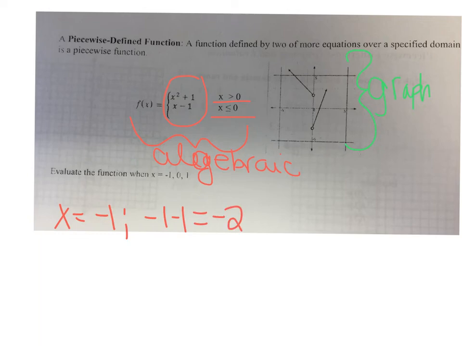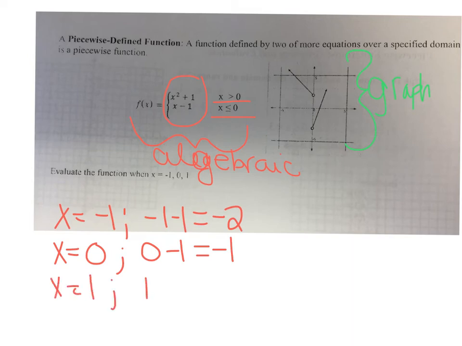If I do x equals 0, again I need to use the bottom part because in the domain on the side, 0 equals 0, and so you're going to get 0 minus 1, which is -1. And then finally you get 1, and you need to use the top part because 1 is greater than 0. So we're going to do 1 squared plus 1, which is going to get me a 2.